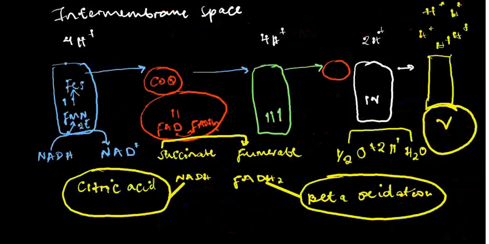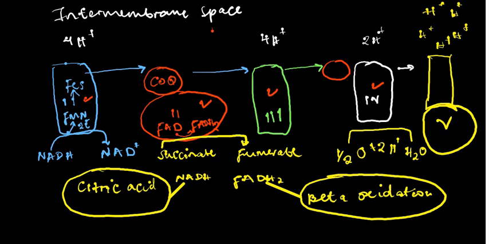These are the complexes that we have mentioned earlier. We have complex 1, over here we have complex 2, complex 3, complex 4, all the way up to complex 5. With the exception of ubiquinone, which is coenzyme Q, all the members of this chain are protein in nature.